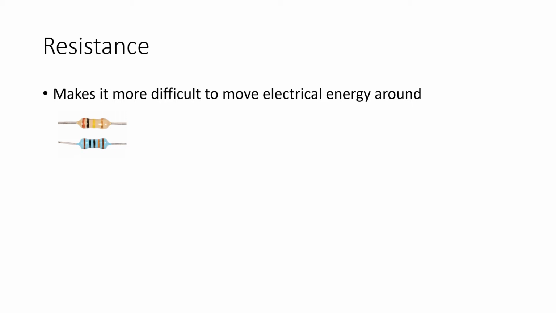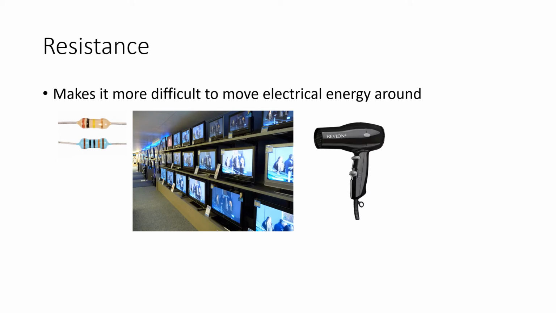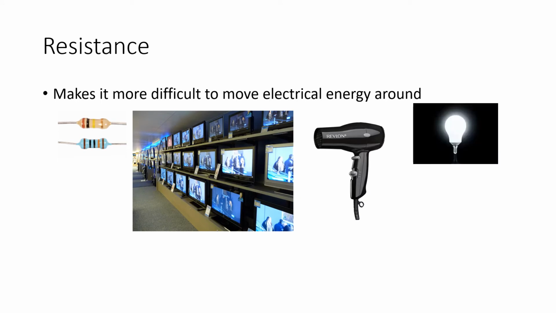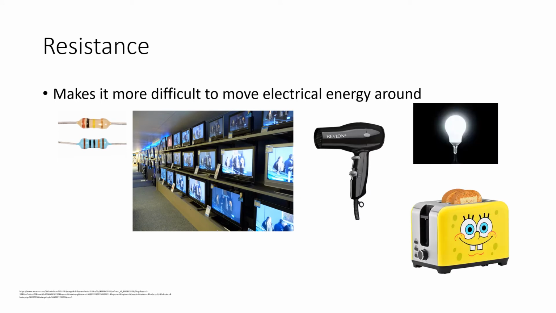However, anything that you plug in, like televisions or a hairdryer or a light bulb or a toaster, the electrical circuit sees as a resistive load. Okay, and that reduces the amount of energy that can flow through the circuit because it is a load on the amplifier or your power source.